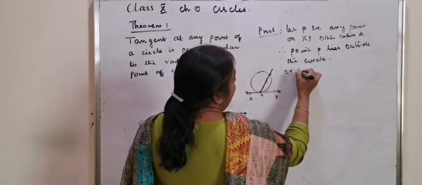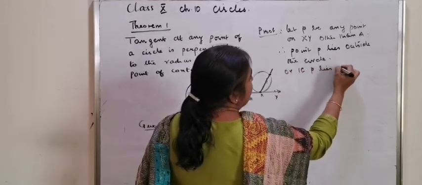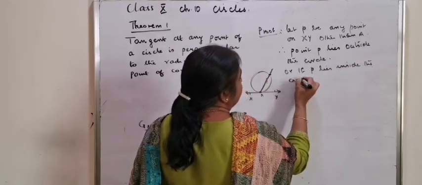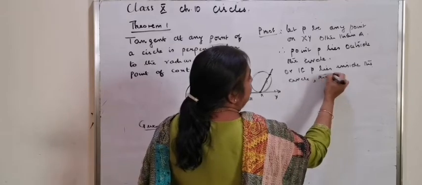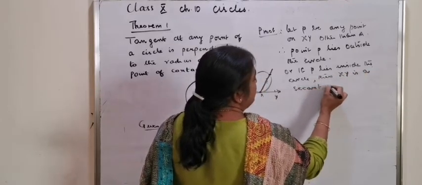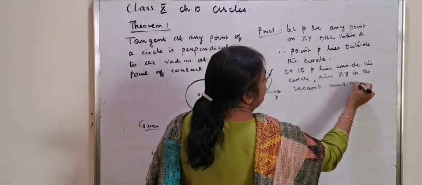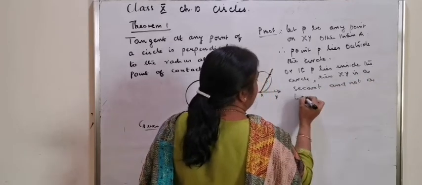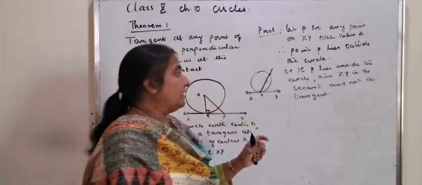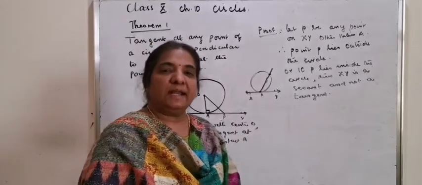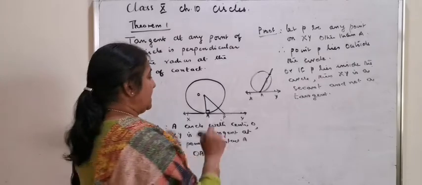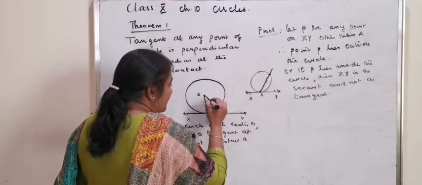Or if P lies inside the circle, then XY is a secant and not a tangent. That is, the point P can be only outside the circle. So what can you say about the length OP?